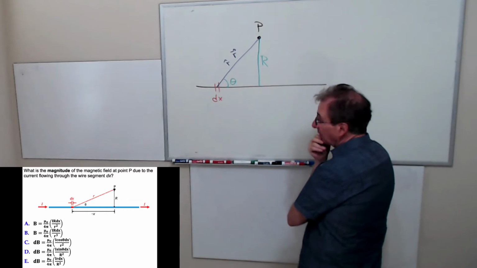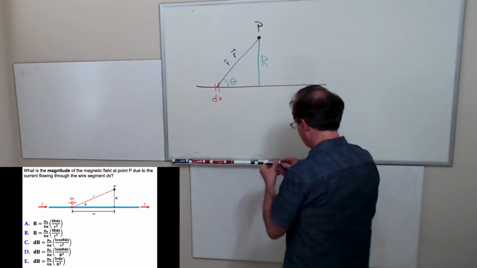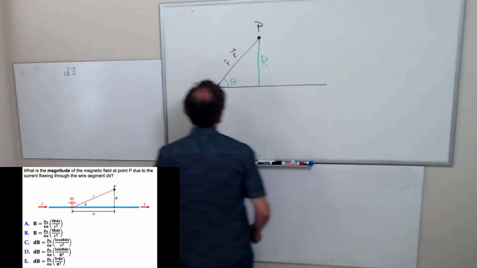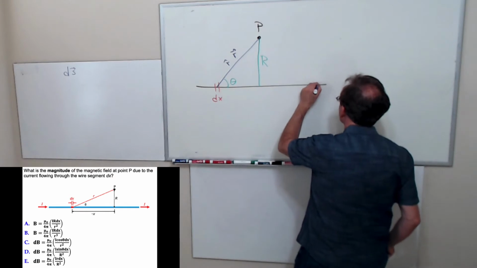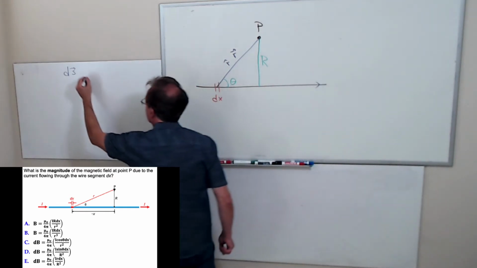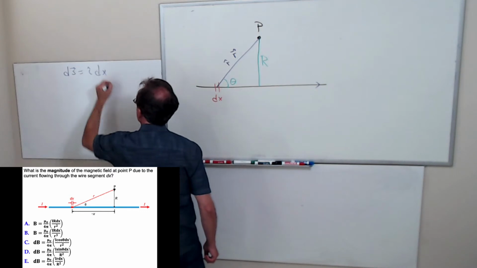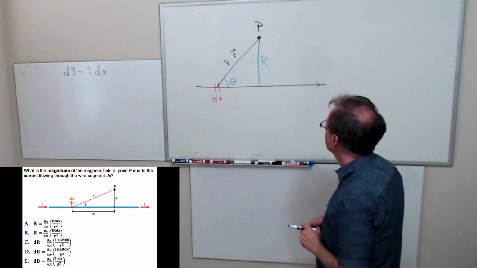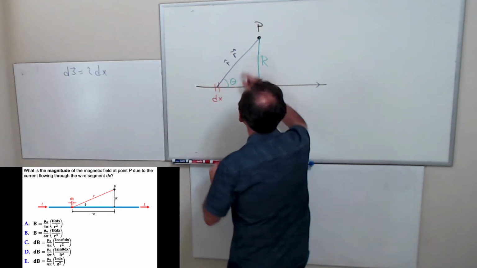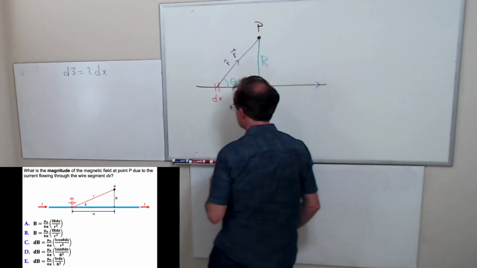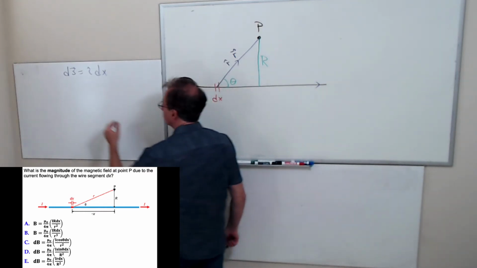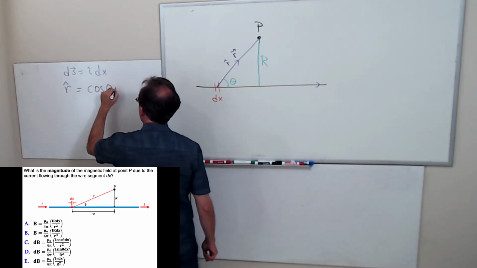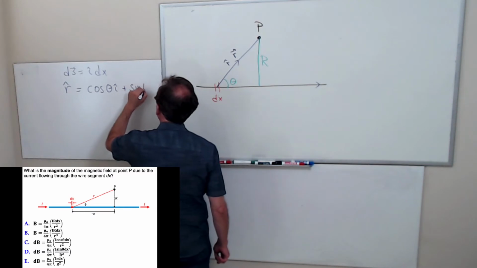This is a Biot-Savart problem, so I need to figure out my ds. Well, my current is going to the right, so my ds is just going to be i hat dx. Okay. My r hat is this vector, and this is the angle theta. Then my r hat is going to be cosine theta i hat plus sine theta j hat.